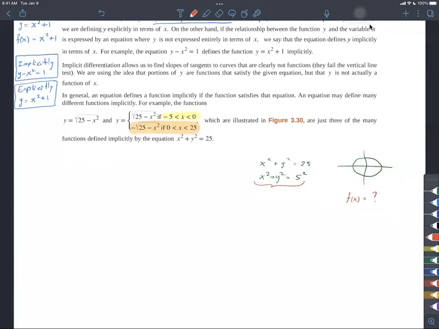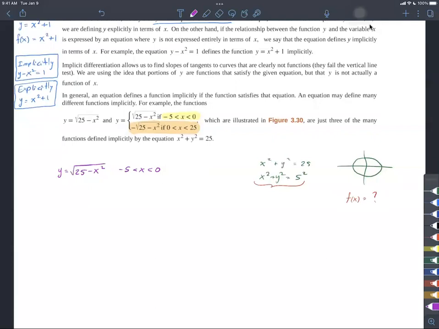But if you write the equation like y equals the square root of 25 minus x squared, for the values of x between -5 and 0, that's one of the portions that they give up above.